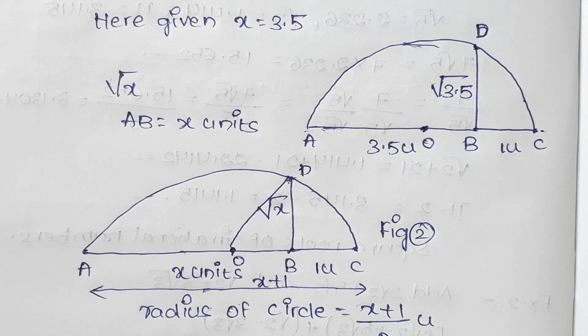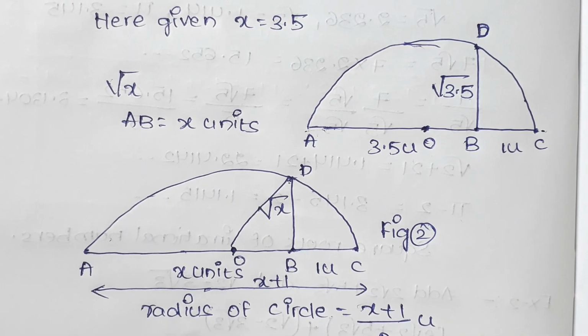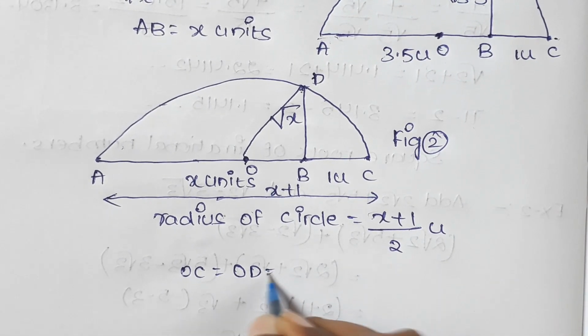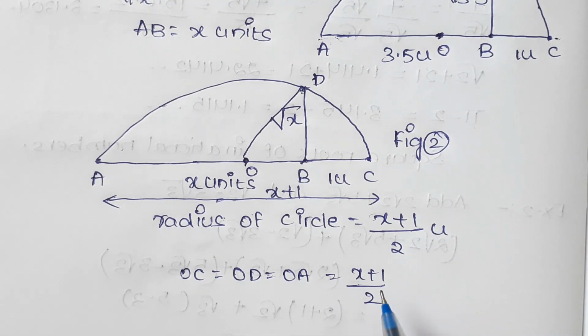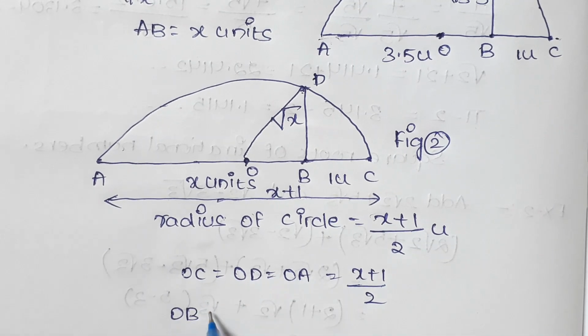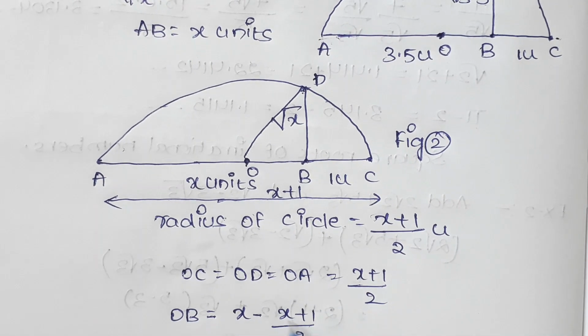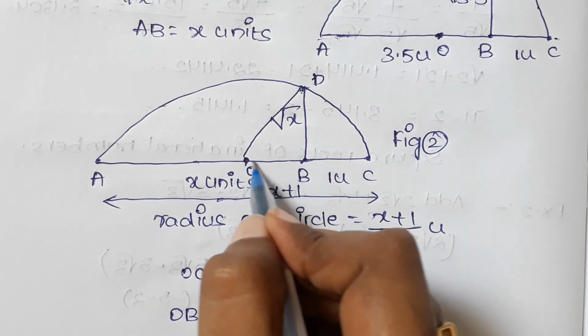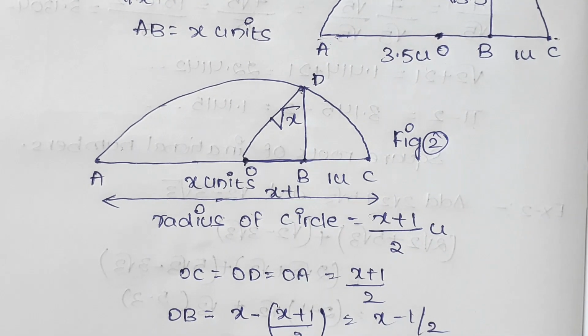From this the radius of the circle is (x plus 1) by 2 units, and OC equals OD equals OA equals (x plus 1) by 2 units. Now we should find OB, that equals x minus (x plus 1) by 2. In order to find this OB value, that equals (x minus 1) by 2.